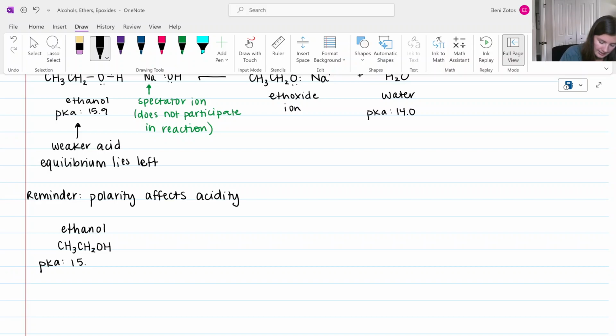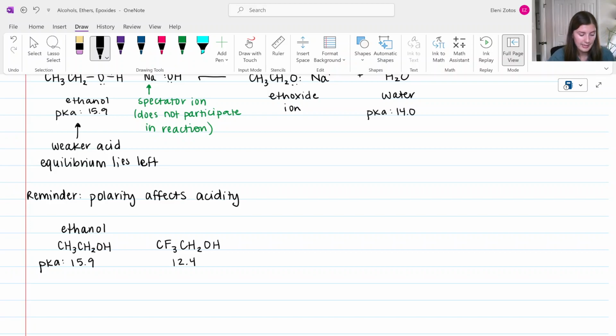Let's write the pKa again, 15.9. And then we'll compare to a molecule where instead of having a CH3 group, we have a CF3 group. So CF3, CH2, OH. The pKa of this molecule is 12.4.